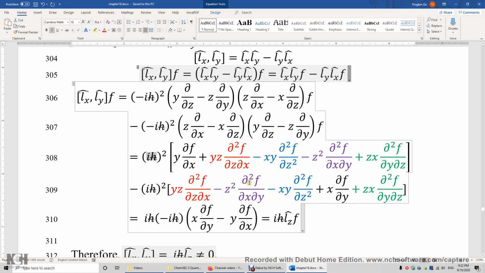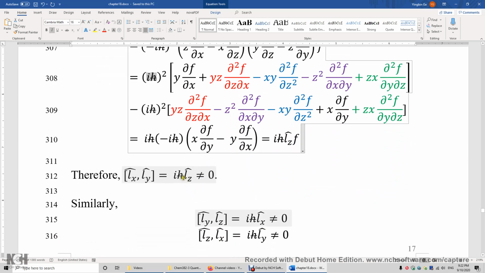These two terms in purple cancel. The two green terms cancel. In the end, we have just this minus this. The result is i h bar times Lz operator. So this is Lz operator. So anyway, the commutator of Lx and Ly is non-zero. We cannot determine these two exactly simultaneously.